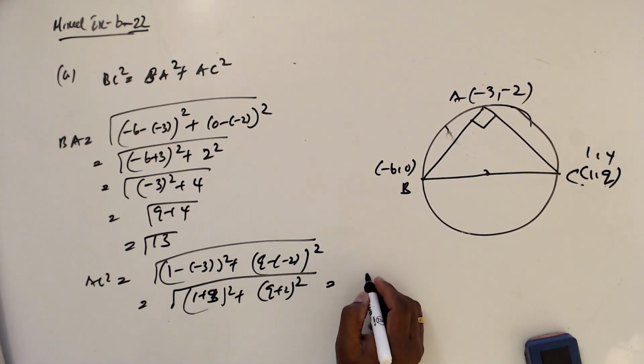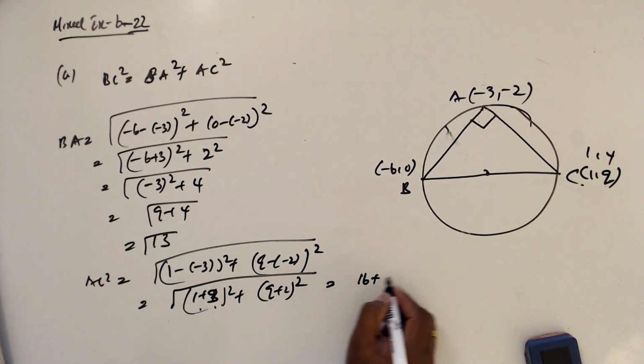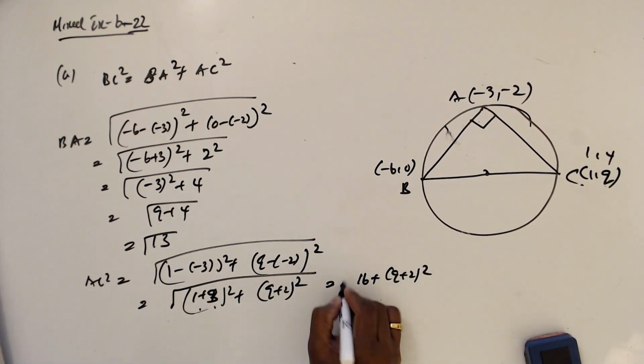So this is 1 plus 3, 4 squared, 16, plus (q plus 2) squared.